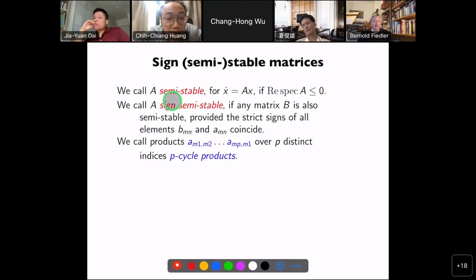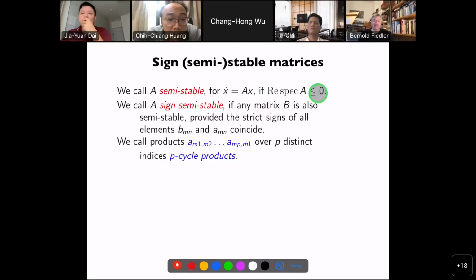But now I call it sign semi-stable if any other matrix B of the same sign pattern, plus remains plus, minus remains minus, zero remains zero, is also with spectrum in the left half plane.